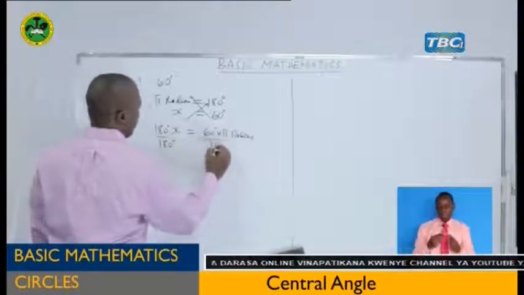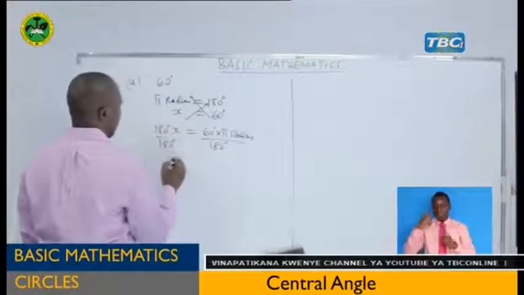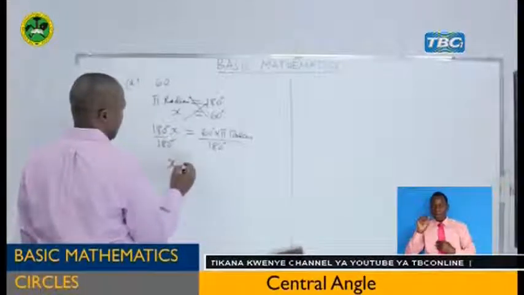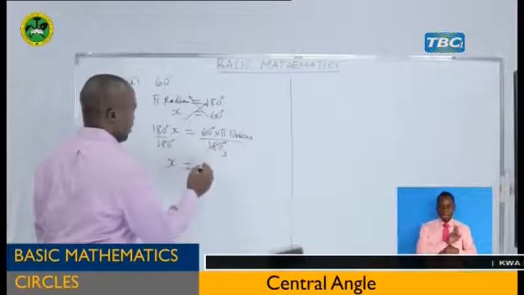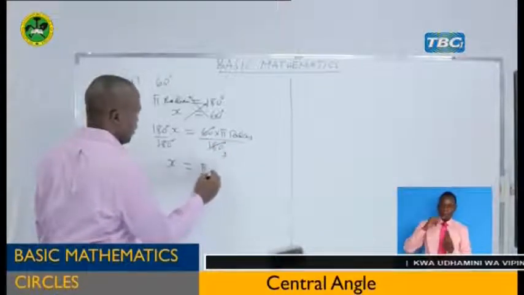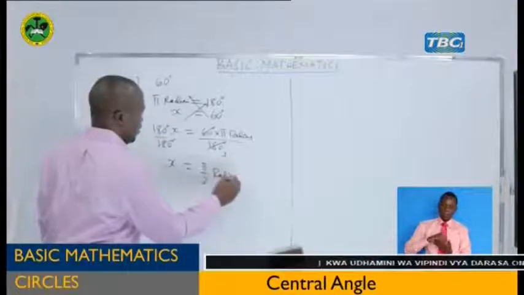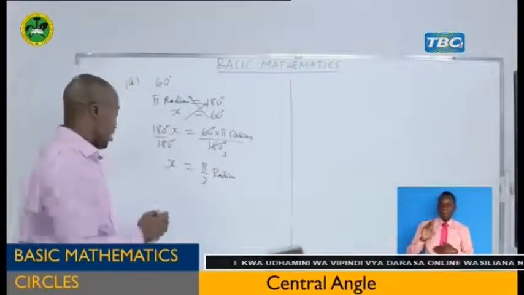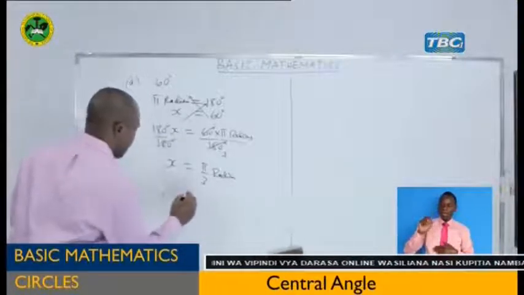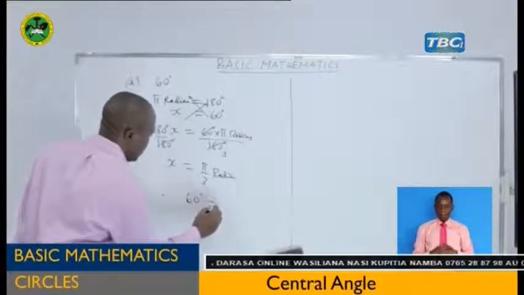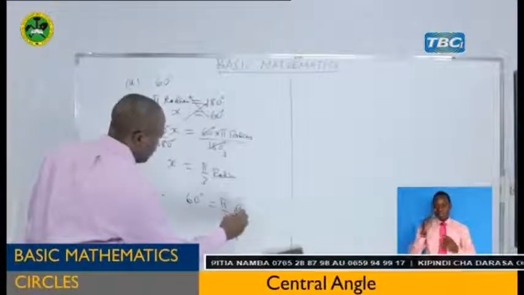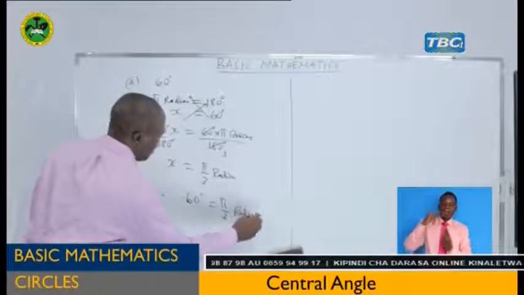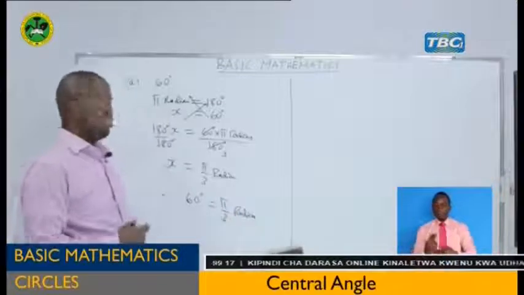Simplifying, 60 by 60 is 1, 180 by 60 is 3. So we have pi over 3 radians. Therefore, 60 degrees is the same as pi over 3 in radian measure.